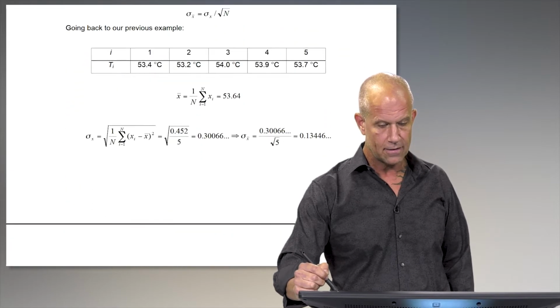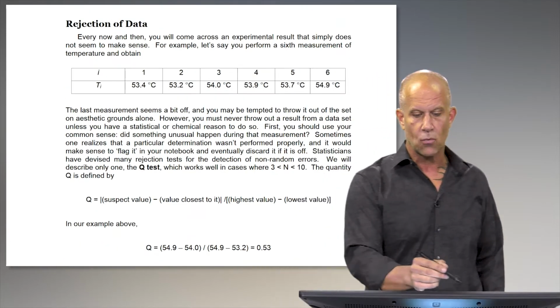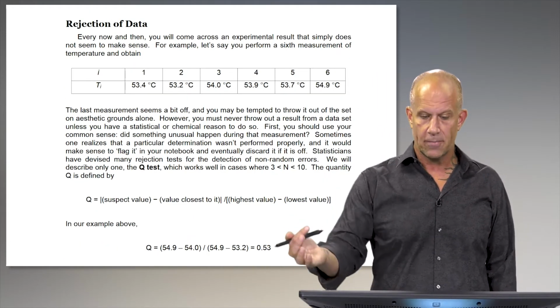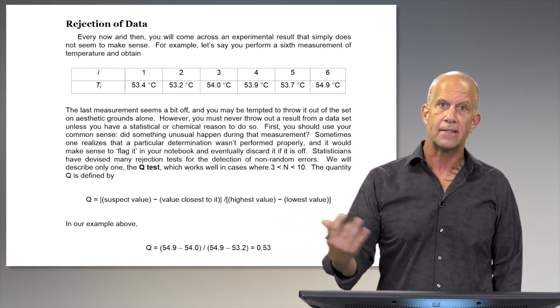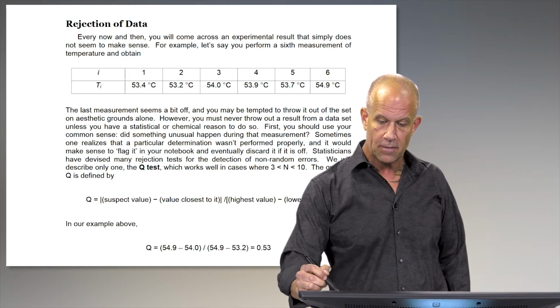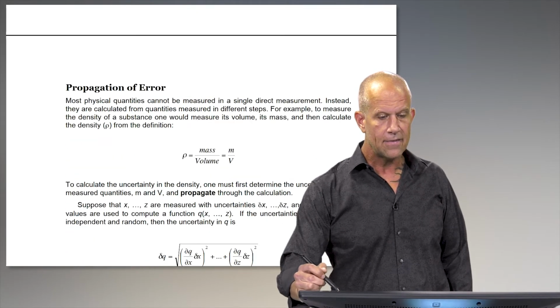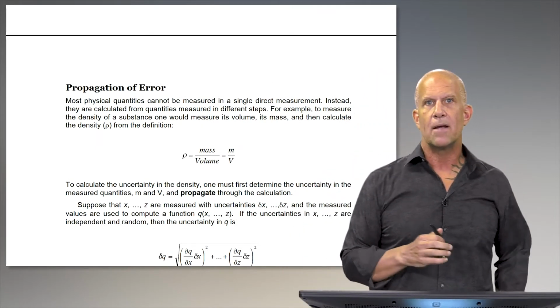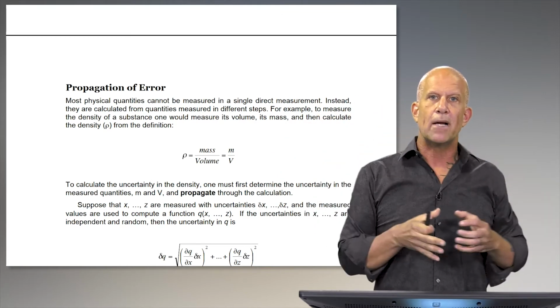And then, if you have measurements that are way outside of what looks to be the regime, we show what you can do to test whether that data can be statistically rejected and not included, based on real analysis.